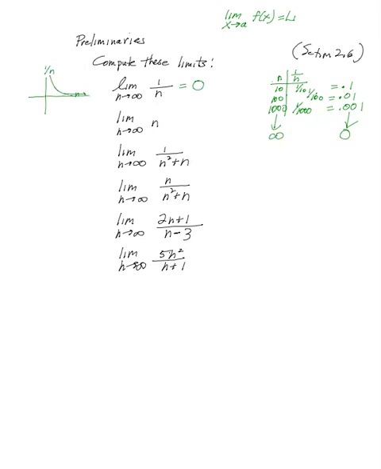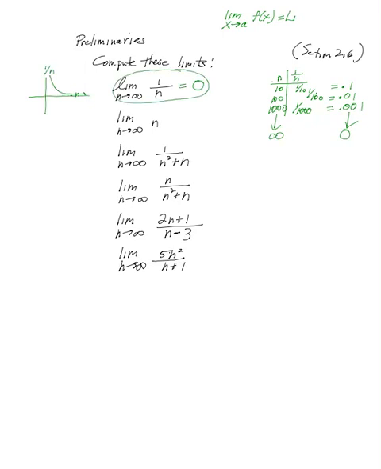The bigger n is, the closer 1 over n is to 0. Often in this discussion of computing limits as x approaches infinity or n approaches infinity, you talk about horizontal asymptotes. If you're interested in that, you can go back and read details in section 2.6.